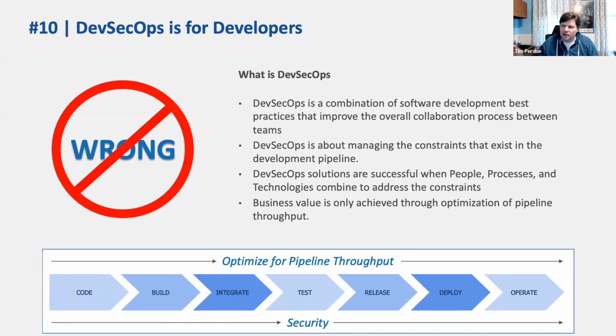If you look at the pipeline of moving code into production, it starts with code, ends with operate. Security is wrapped around the whole thing. That's the idea of DevSecOps. It's about people, the people part of the big three of people, process, and technology. But it is so important because without that part, everything's going to fail. So it is not just for developers.